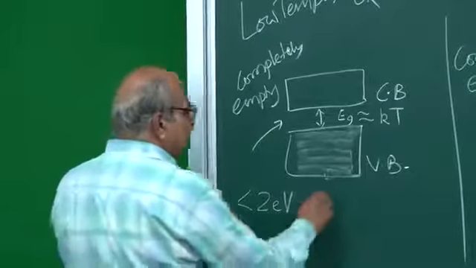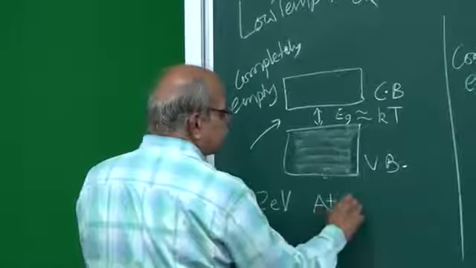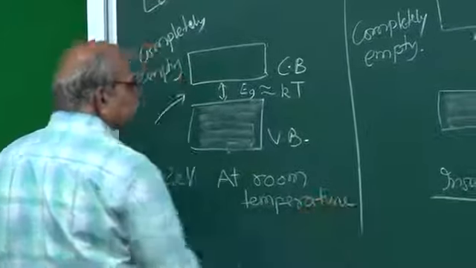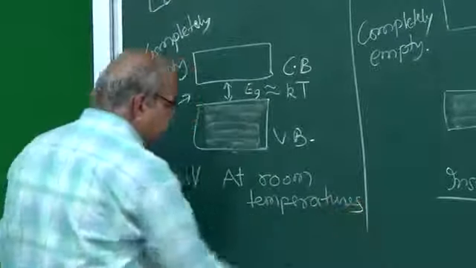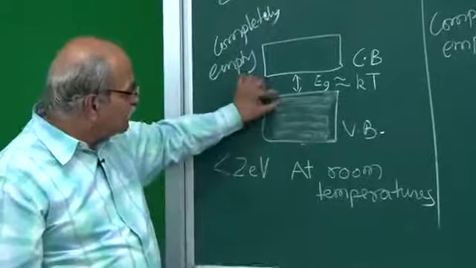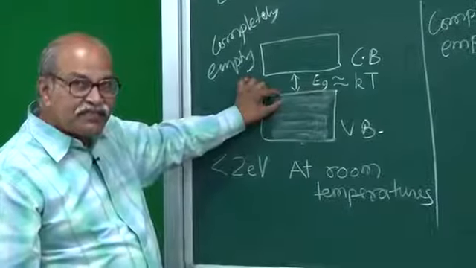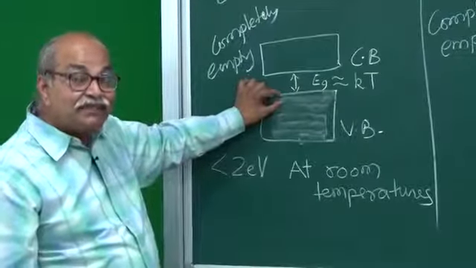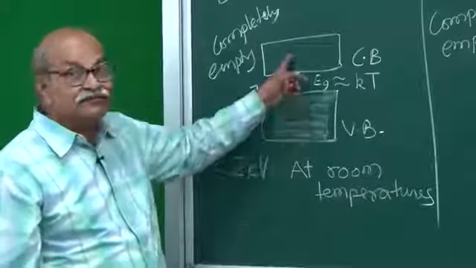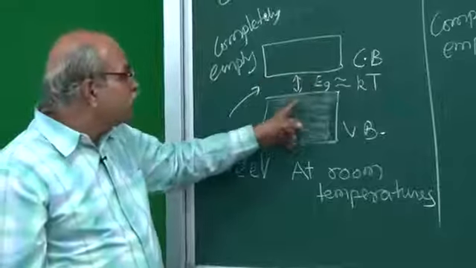So, at room temperature or at elevated temperatures or normal working temperatures, some of these valence band electrons, which are near the top of this, can accept energy through these thermal interactions and move here, all right.